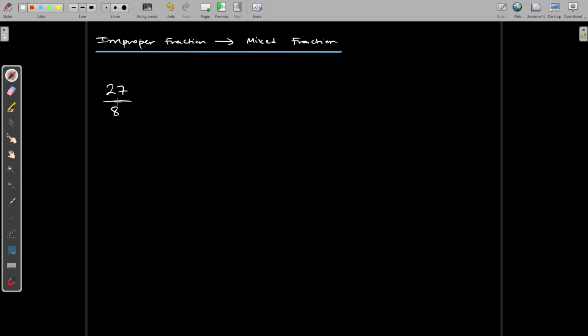That's what this is saying to us. How many times can we get 8 out of 27? So this is 27 divided by 8, and that's what it's asking.